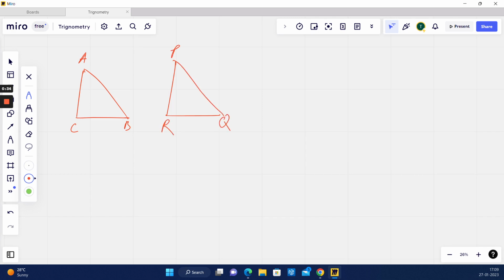So we have been given sine of B is sine of Q. We know the shortcut formula, Pandit Badri Prasad Har Har Bole, correct? That means it's perpendicular by hypotenuse.